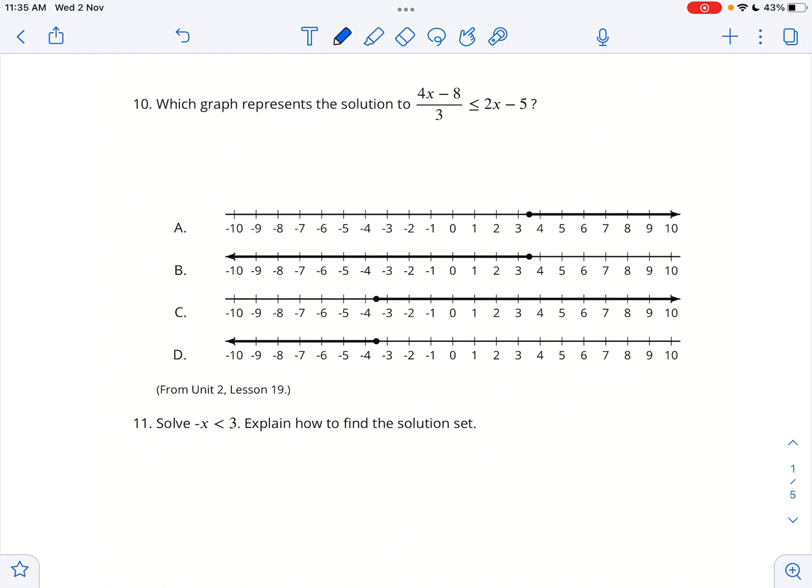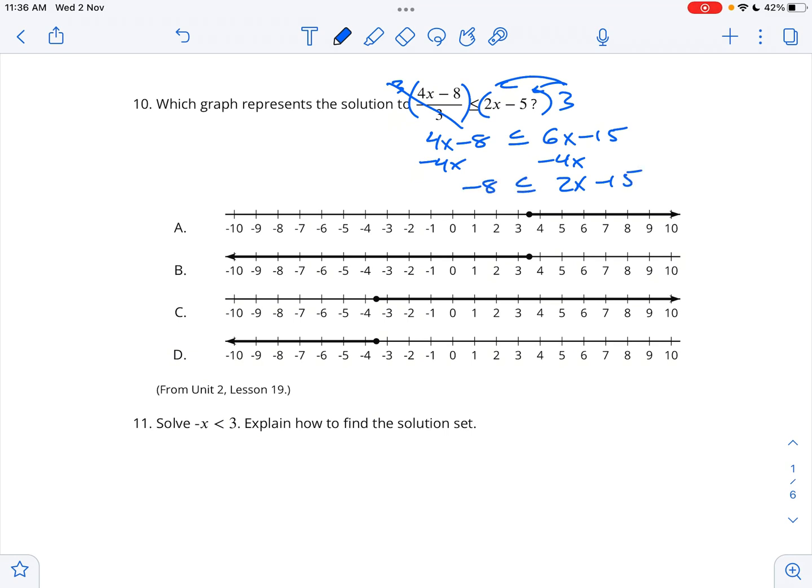Question 10, which graph represents that solution? Well, on this one, I would probably go ahead and just solve this. You could try solving it for different values, but I would multiply both sides by 3 to get those to cancel. So then you have 4x minus 8 is less than or equal to 6x minus 15 after distributing this. Get the x's on the same side, so 2x minus 15 is minus 8 over here.